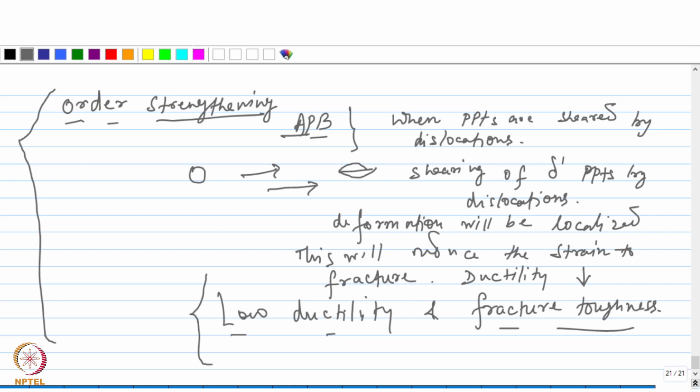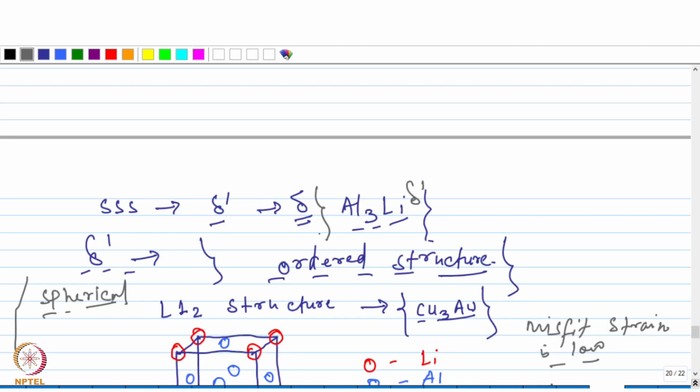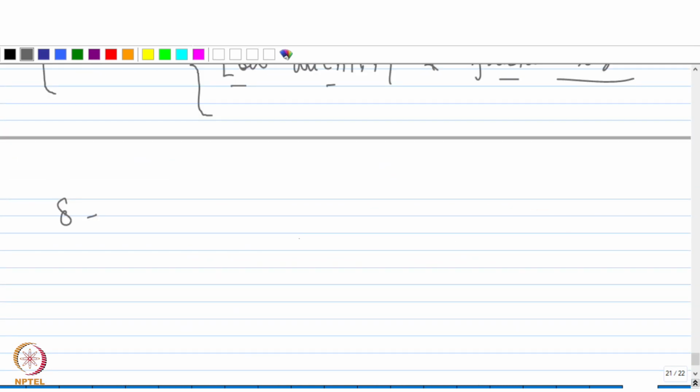And now if you look at the equilibrium phase delta in this particular alloy, unlike the previous alloys, the equilibrium phase does not have the same composition. Delta is having a composition where aluminum and lithium is 1:1 and not 3:1.